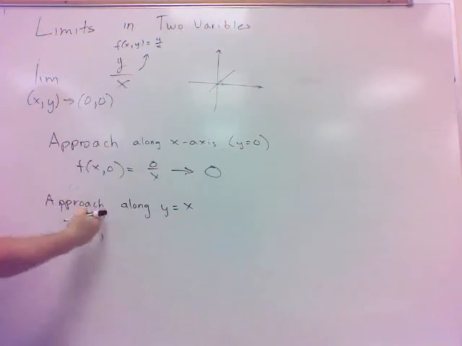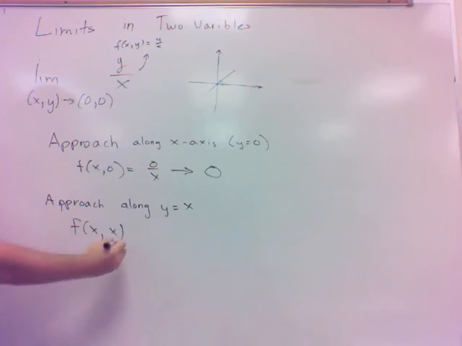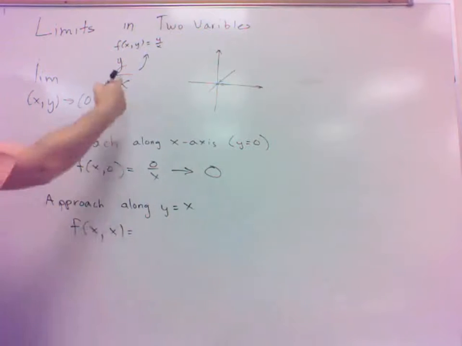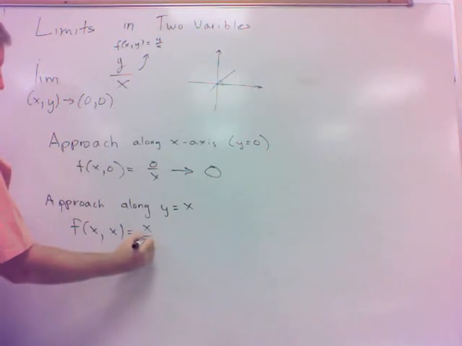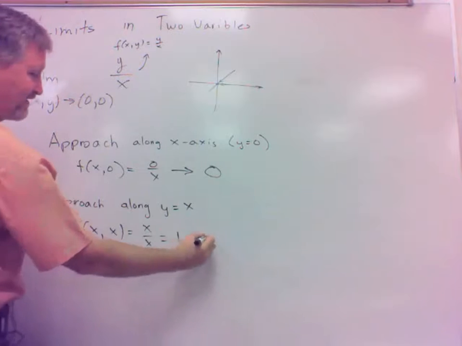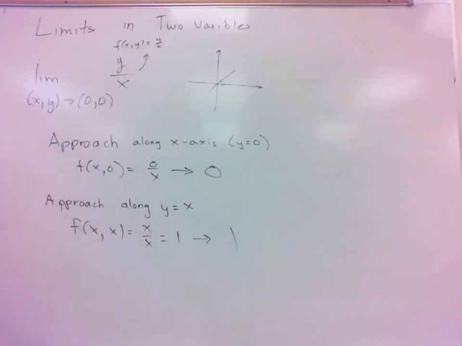We're looking at the points (x, x), because y equals x. We could do 2x, it'd be the same. And so that would be x over x, which is 1. So the function values there are 1.